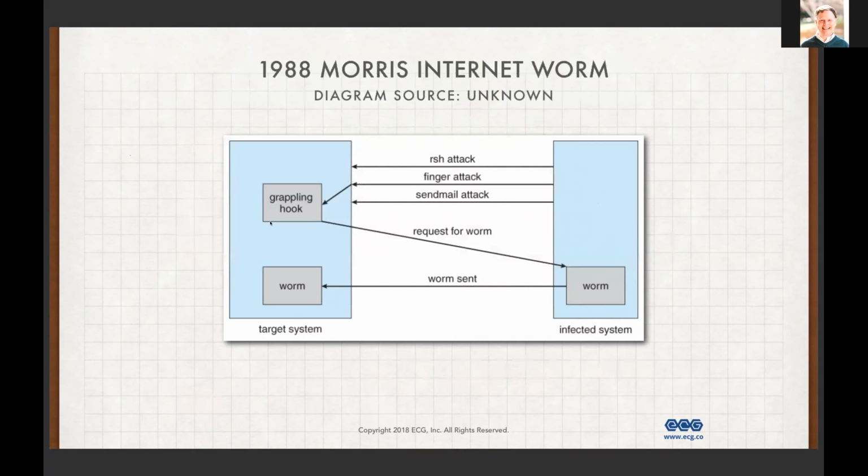The target system now becomes an infected system, and the attack goes on from there. It scanned through the local network and through IP addresses that it was able to reach, so in a very short amount of time, all of the Unix or, in this era, VAX VMS systems on the network could be attacked at basically the same time, within a few seconds. And so this was one of the originals.